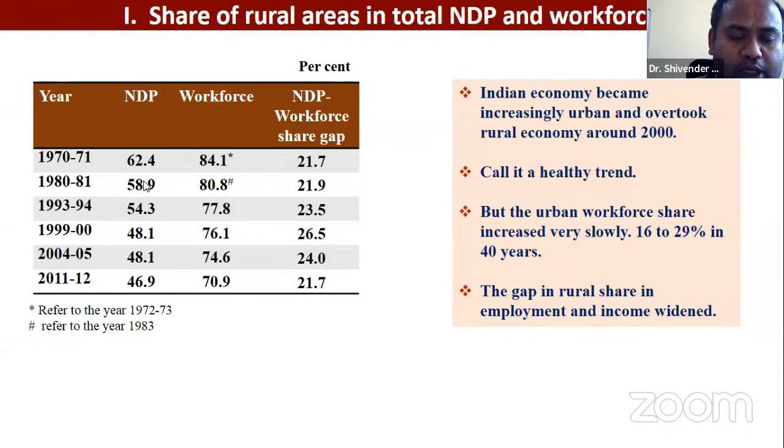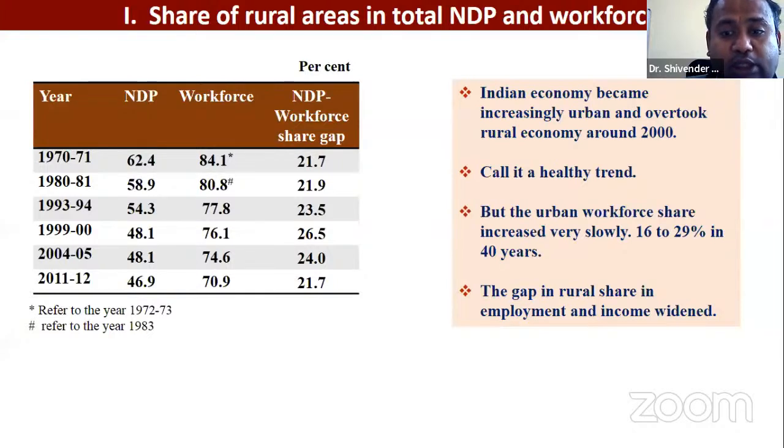But before that, during the 1970s, rural areas used to contribute about 62% of the total output in the country. Out of total output produced in the country, about 62% was produced in rural areas, and about 84% of the workforce was engaged in rural areas.